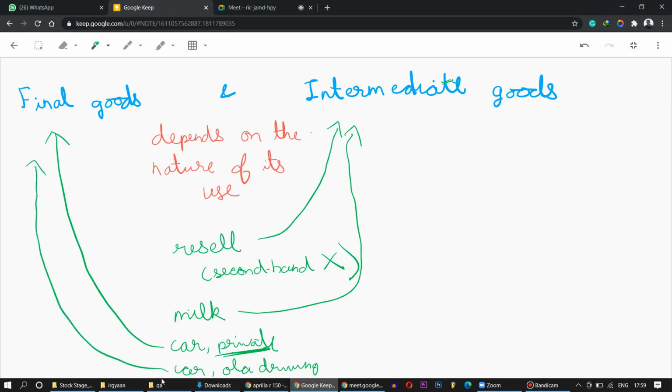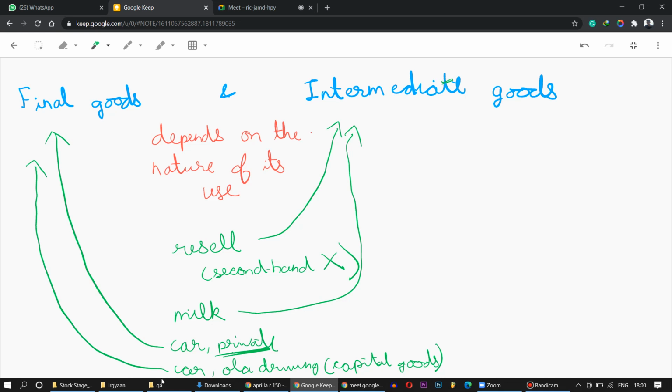Even though it is a final good, you must note this down as a capital good. For accountancy students, a very simple way I can say: whatever comes in your balance sheet will most of the time be a final good.